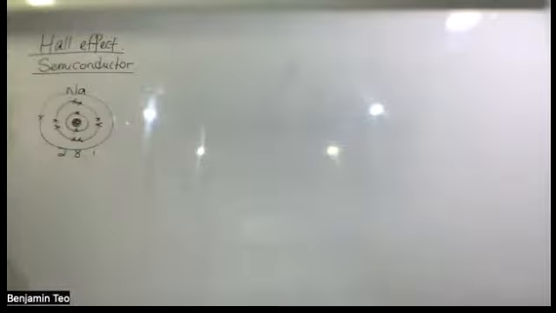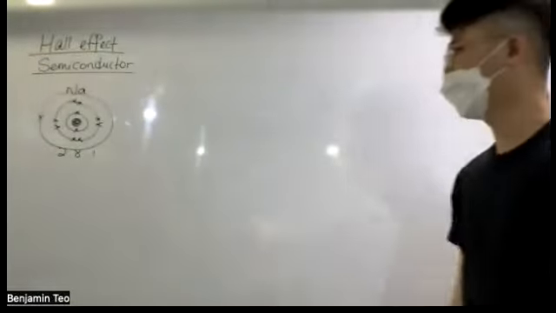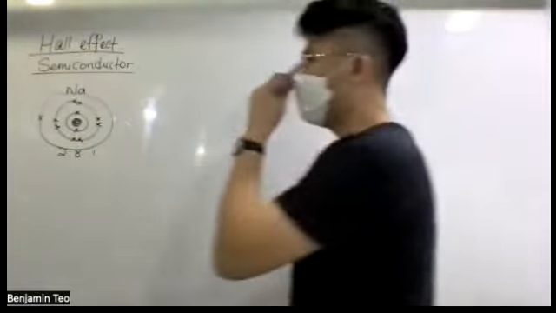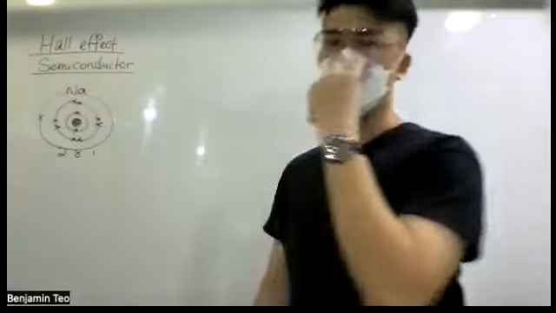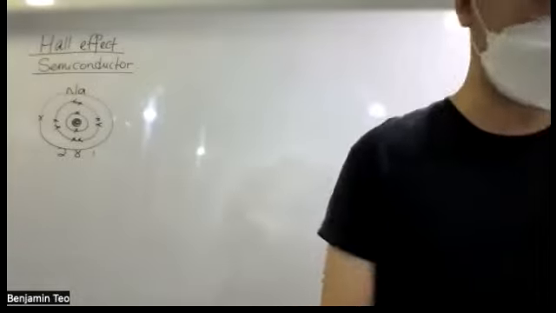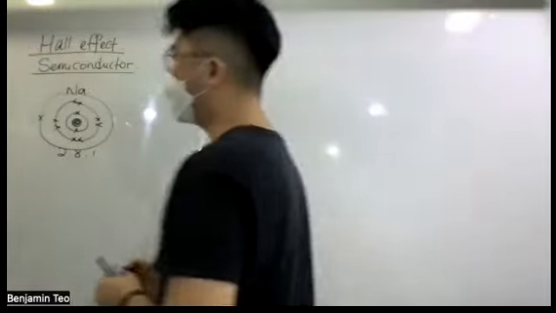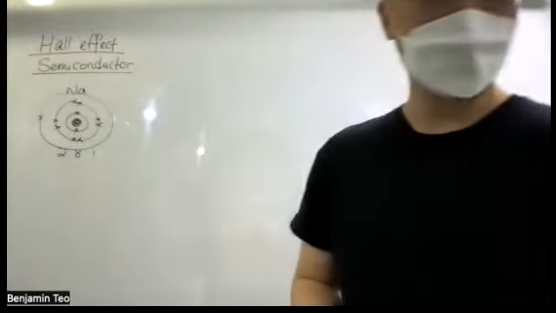The more electrons you have in the outer shell, the stronger the force of attraction, the harder for the electron to leave the atom. So if you have only one valence electron, it is very easy for the electron to just pop out and become a free electron. That is why metals generally have a lot of free electrons.